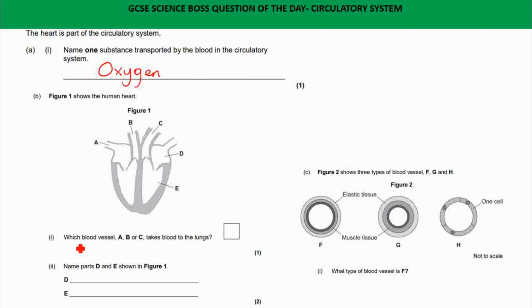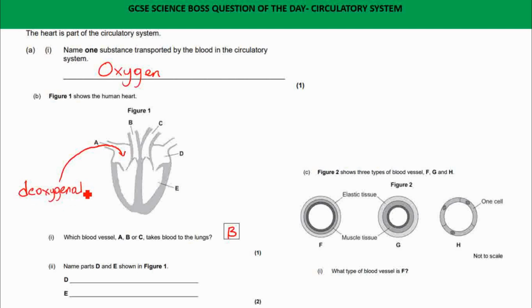Now, next question said, which blood vessel, A, B, or C, takes blood to the lungs? And that is definitely B. Now, why is that B? We're going to track the journey of the blood. The blood is going to be traveling from the body, after respiration. You have carbon dioxide, which is released as a part of respiration, which then makes your blood deoxygenated.